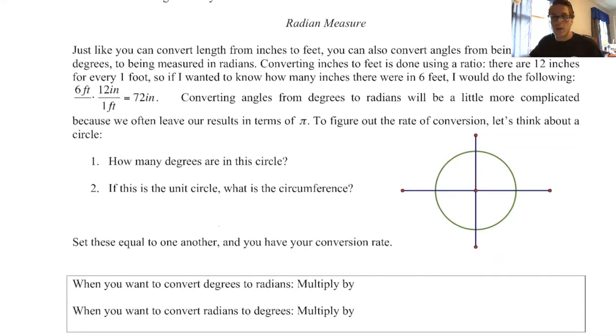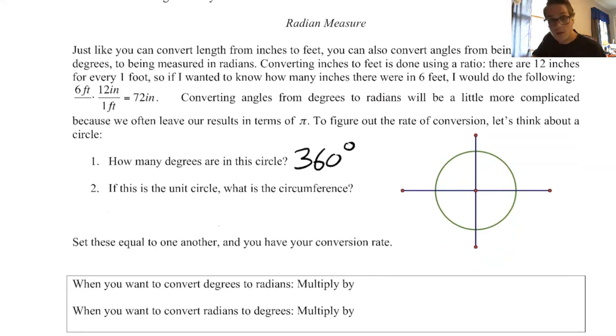So let's figure out what our conversion factor actually is now. So let's think about it. How many degrees are in a circle, right? In any circle, not just this one. We know there's always 360 degrees in a circle, right? And if this is a unit circle, what's the circumference?